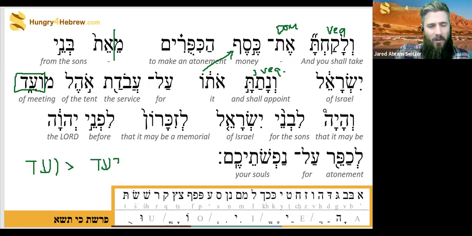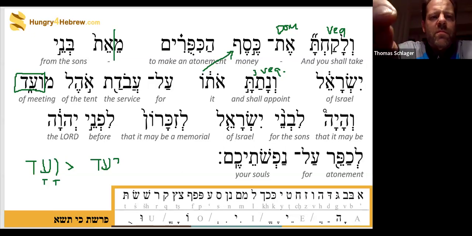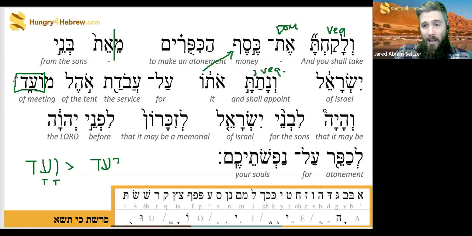With rare exception. Like for example, in modern Hebrew, a va'ad is a meeting of people, like a committee. So a moed is something related to meeting.